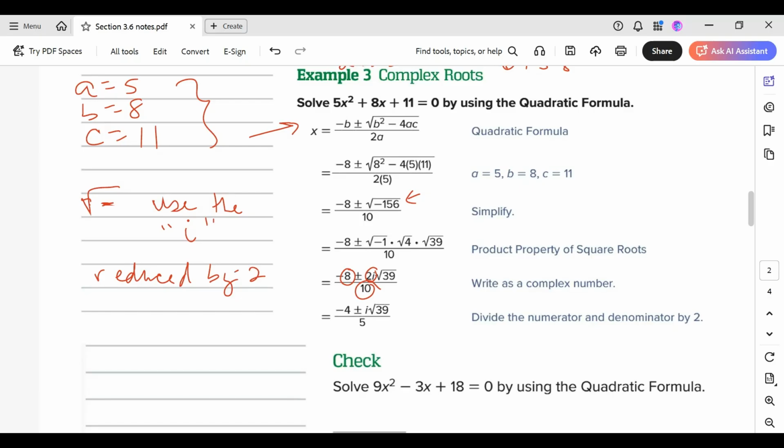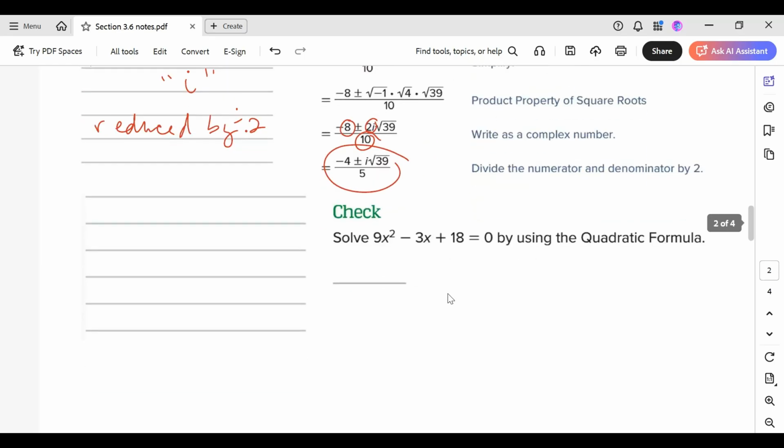Half of 8 is 4, half of 2 is 1, half of 10 is 5. That results in negative 4 plus or minus i square root of 39, over 5. Because i is imaginary, you do not reduce this to a decimal form. This is your result.